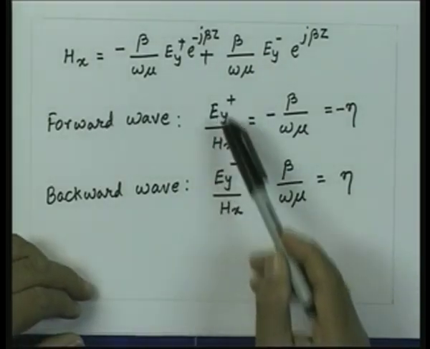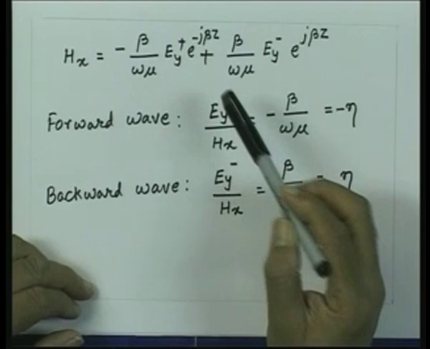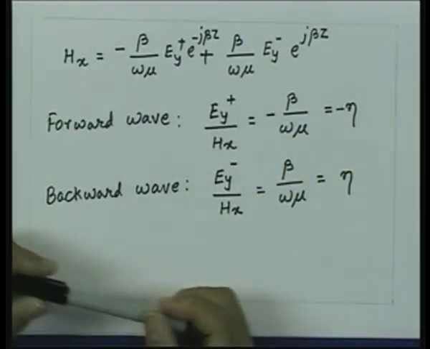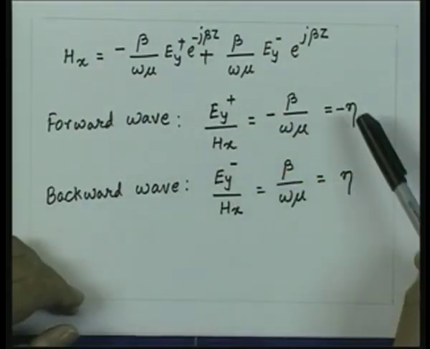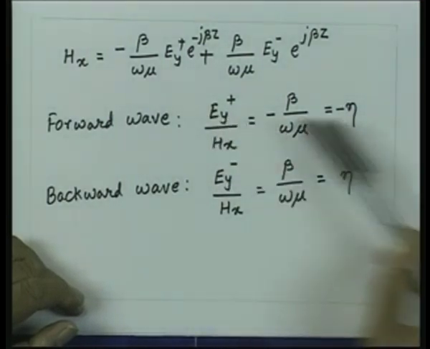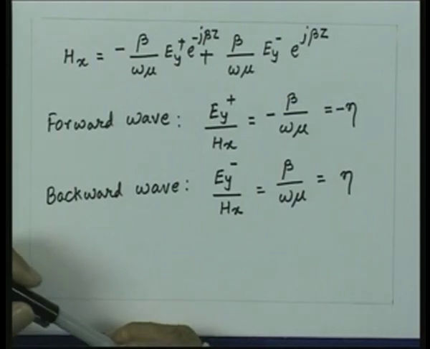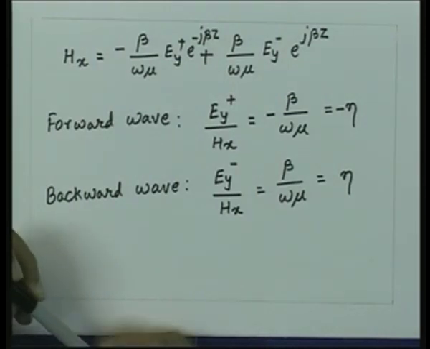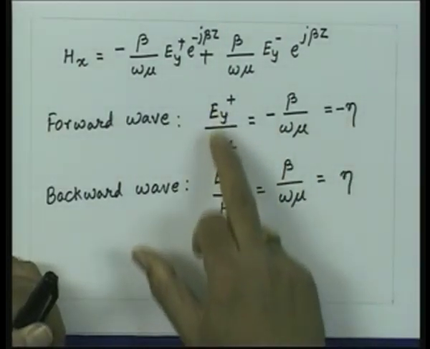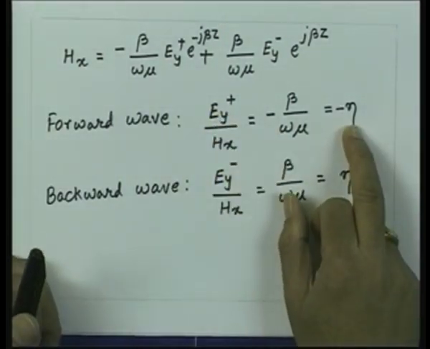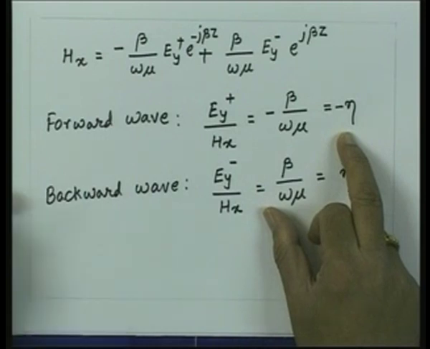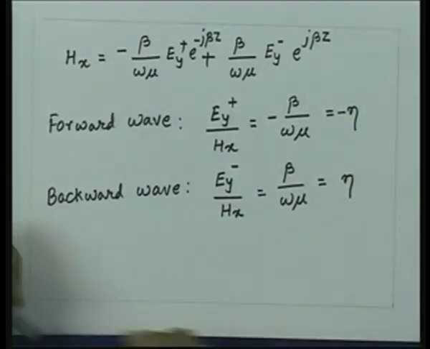However, what we see now is that when we interchange x and y for E and H, the ratio of these two changes from positive to negative. What that essentially means is that the sign of this quantity not only depends upon the direction in which the wave is travelling, but also the orientation of the electric and magnetic fields.